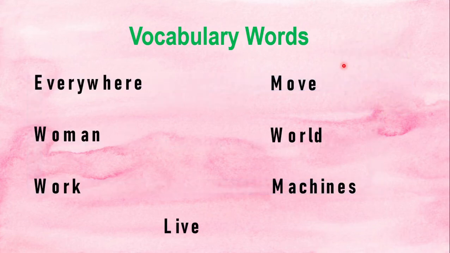Now let's quickly revise the vocabulary words once again. We said everywhere. What does it mean? All around. Move, to go from one place to the other. Woman, a lady.